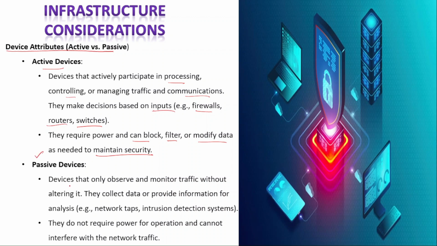Passive devices only observe and monitor traffic without altering it. They collect data or provide information for analysis, for example, network taps and intrusion detection systems. They do not require power for operation and cannot interfere with network traffic.